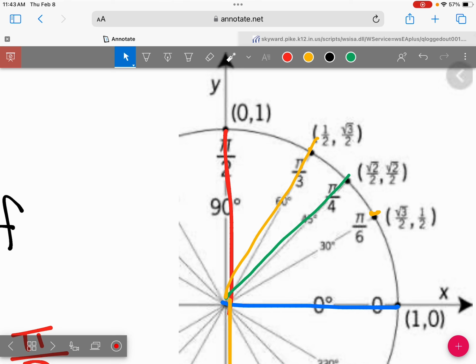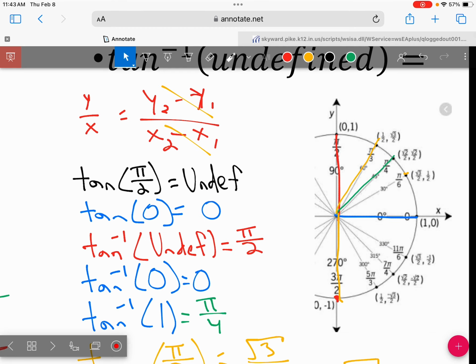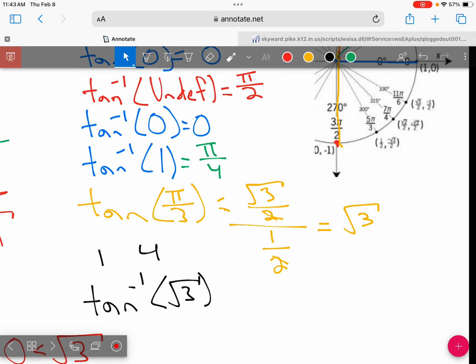What's the slope of pi over 2? We already talked about it. Undefined. So we've sandwiched. We know that this slice right here is going to give us the slope of the point we're looking for. So we didn't even have to do any real computing. We just used our number sense, and we can figure out that the inverse tangent of root 3 is just pi over 3.